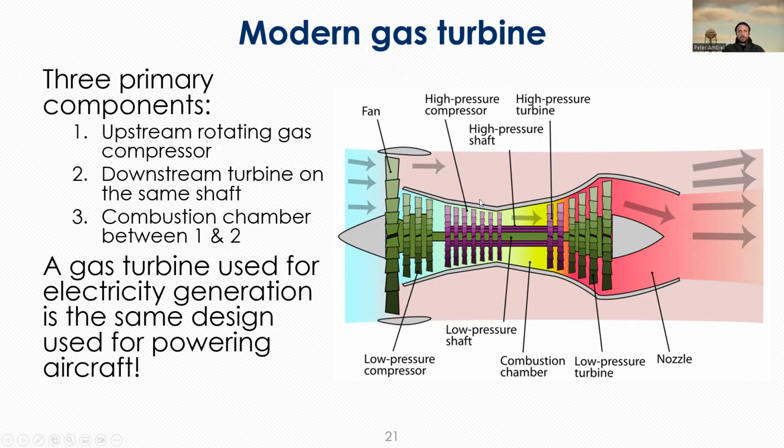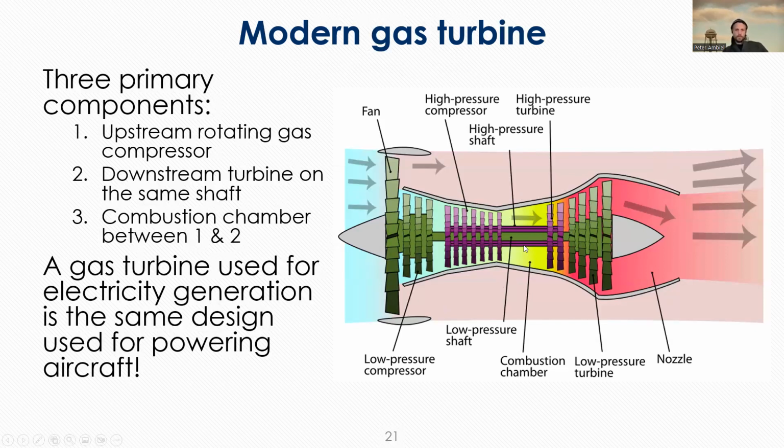So you've got your rotating gas compressor, and all of this stuff at the front here is meant to essentially compress your gas input, and then you have a downstream turbine that's on the same shaft, and then you have a combustion chamber in between your upstream gas compressor and your downstream turbine.